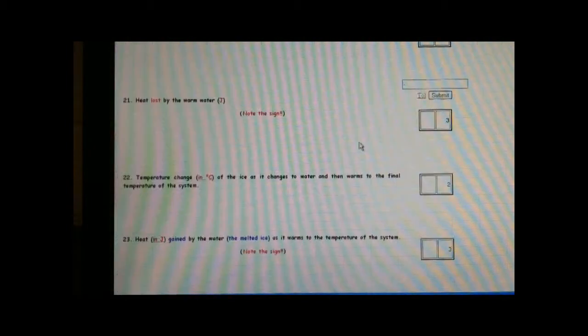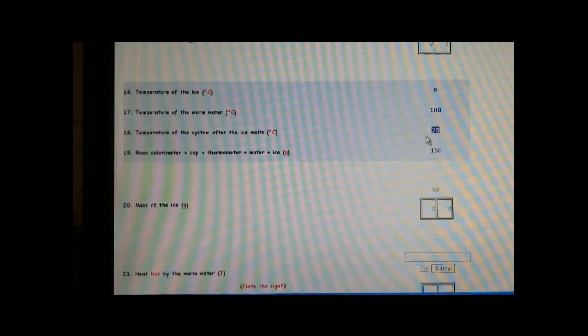The change in temperature we can determine from the temperature rise of the system. It ends up being 25 degrees at the end, and it started out at 100 degrees, so a difference of 75 degrees, and it's actually dropping in temperature. So final minus initial ends up being a negative 75 degrees C.